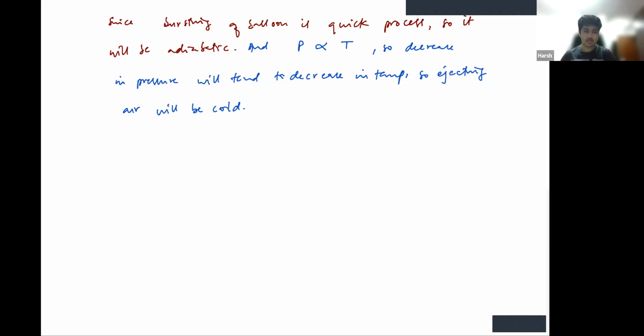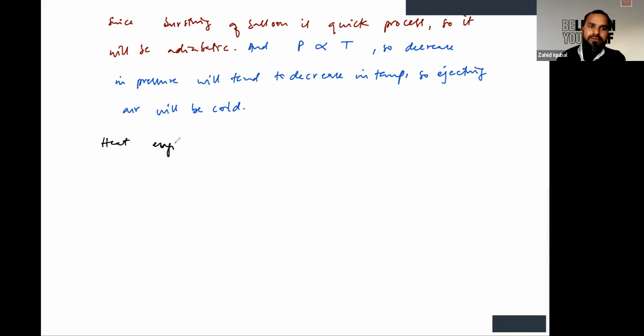Done, sir. Now to define the next statement, we have to first explain to you the heat engine. So let me define the introductory part of the heat engine. First, what do you mean by heat engines? You will say it is an engine which converts heat energy into useful mechanical energy.